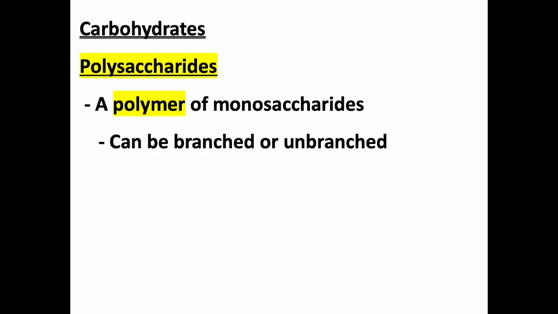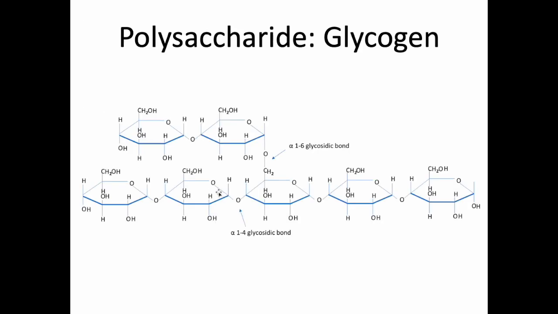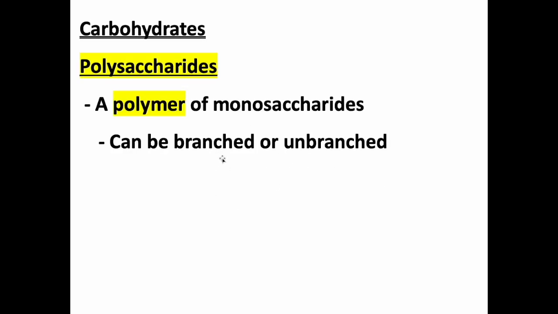These things can be branched or unbranched. Let's jump in and take a look at one of these. So yeah, here's individual monosaccharide, monosaccharide, monosaccharide, monosaccharide, monosaccharide, and yeah, here's a branch point. So sometimes they're just a straight long line. Sometimes they have a branch point. So yes, these can be branched or unbranched depending on which one we're talking about.